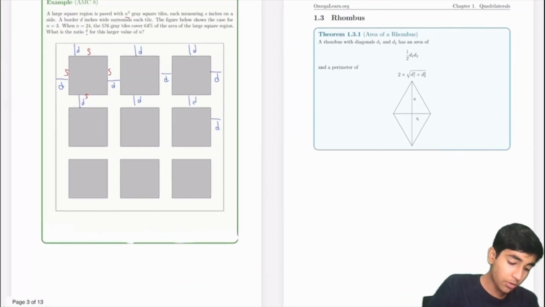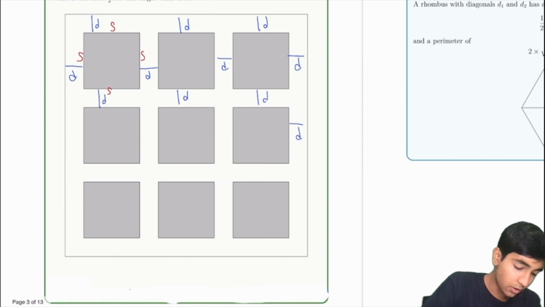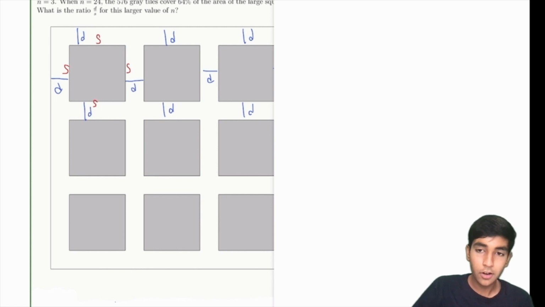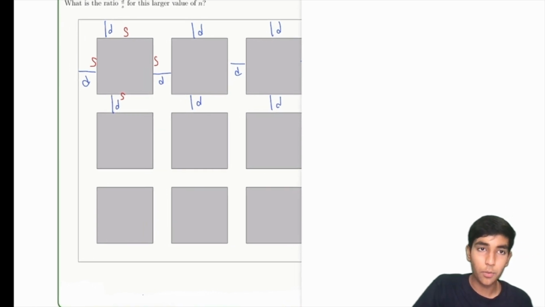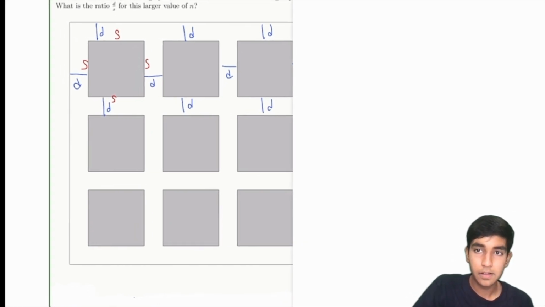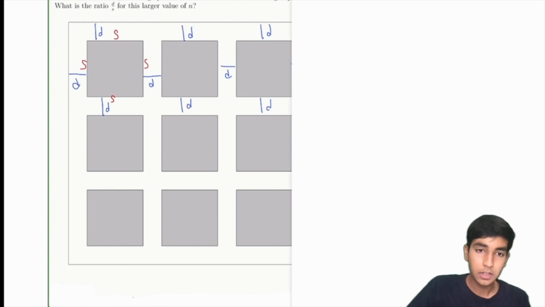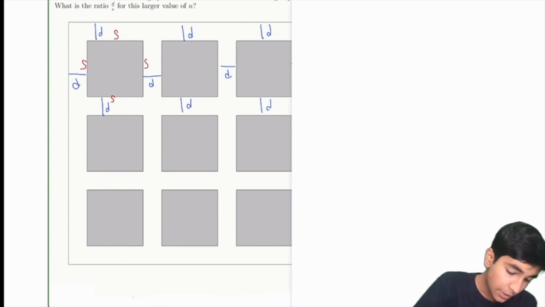So this is just n equals 3 though. We're going to need to do it for n equal to 24. Let's draw a picture over here to see what we're looking at. Okay, so n equals 24.